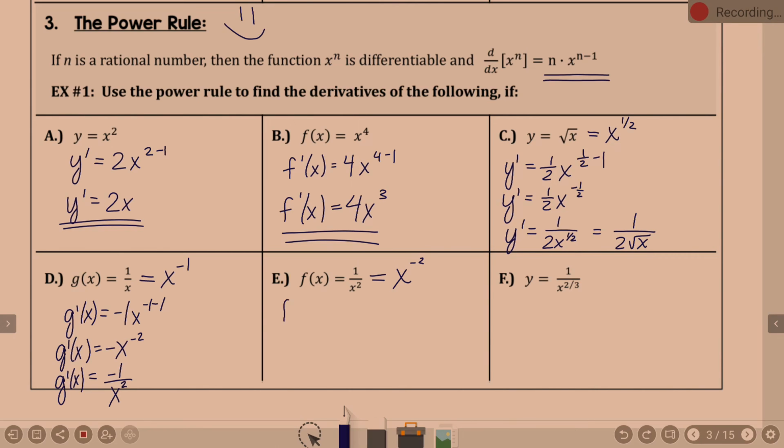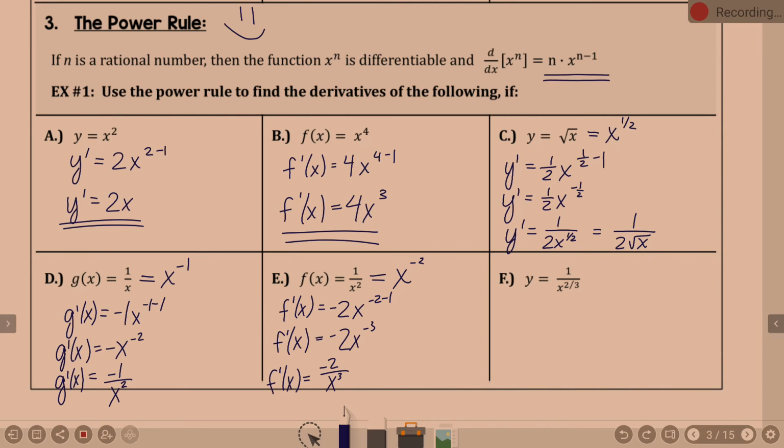So f prime of x, move the negative 2 out front, and then subtract 1. The rough draft is negative 2 x to the negative third. More properly written, it is negative 2 over x to the third.